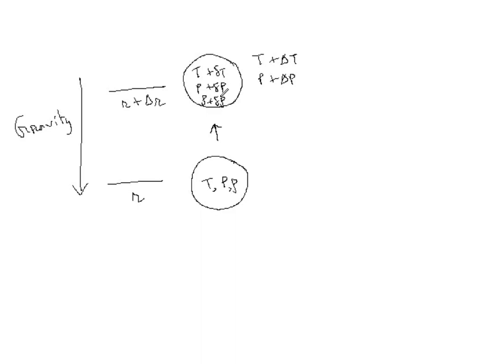Notice these differences inside and outside. What about here? Here the temperature, pressure and density are the same. So we are assuming a blob and a surrounding medium of uniform composition, with the blob in equilibrium with the surrounding at radius r.